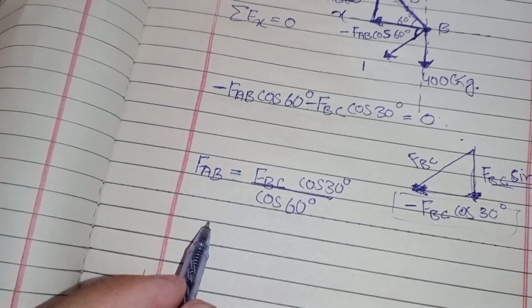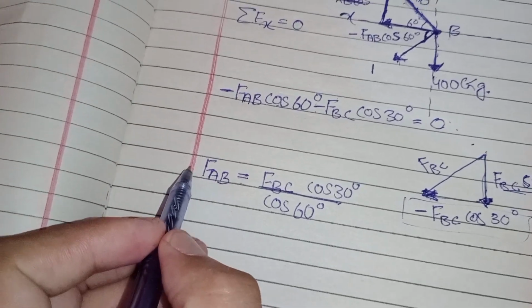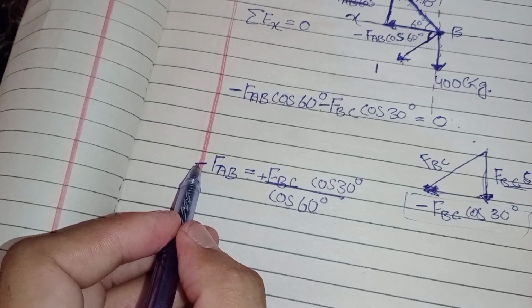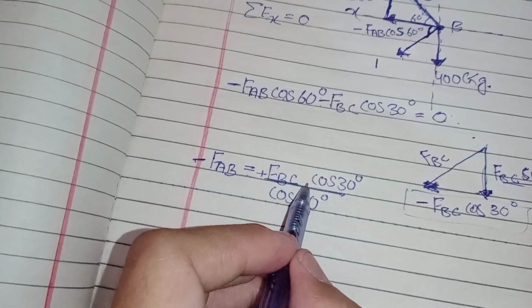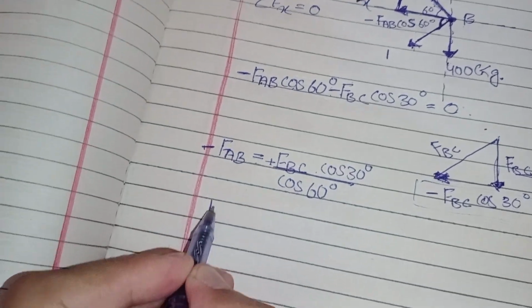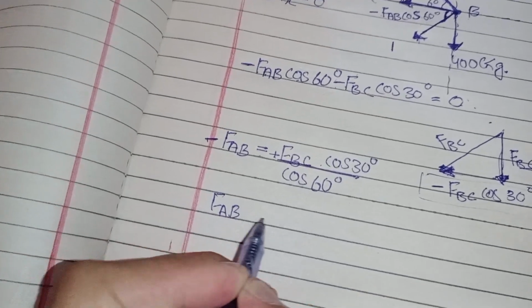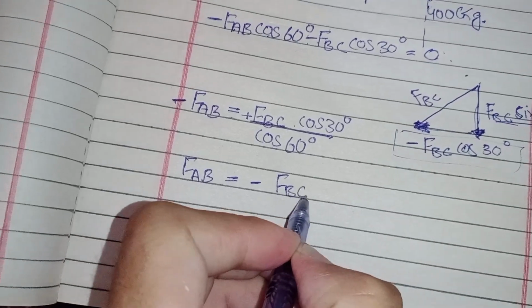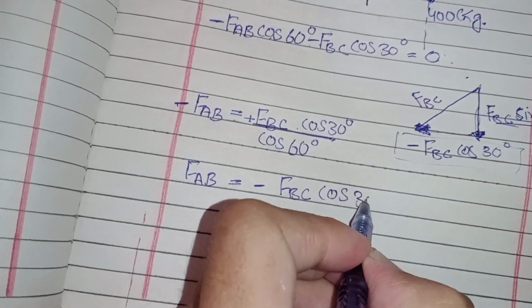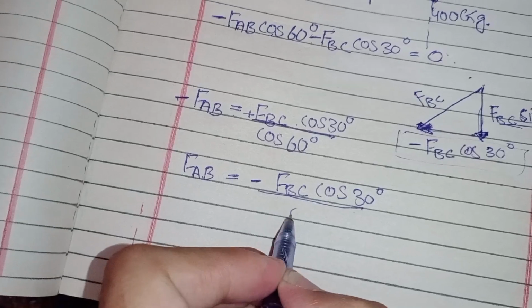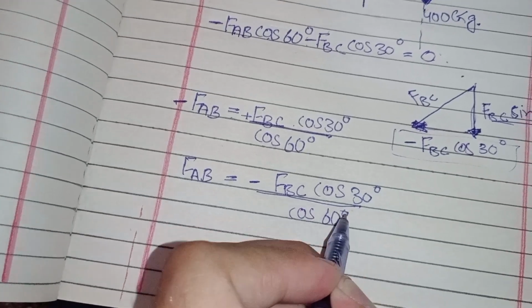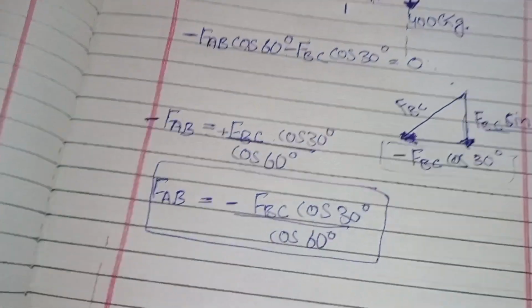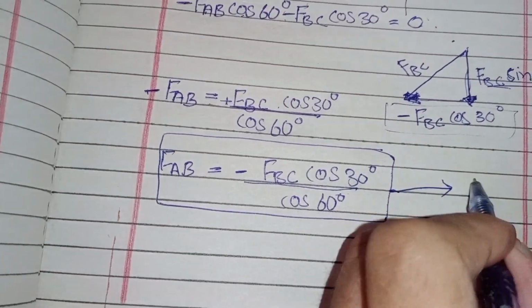Okay, so this is negative and this is positive. If you move to the right, then it will be negative. F of AB equals negative F of BC cos 30 degree divided by cos 60 degree. Okay, this is equation 1.